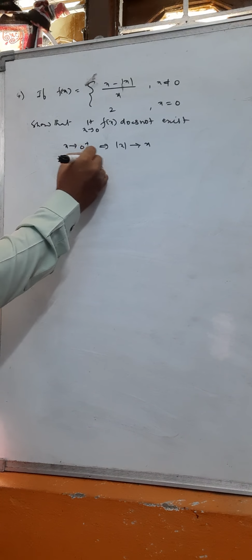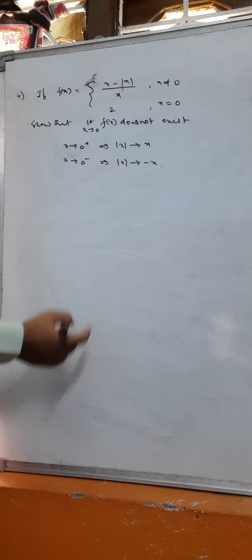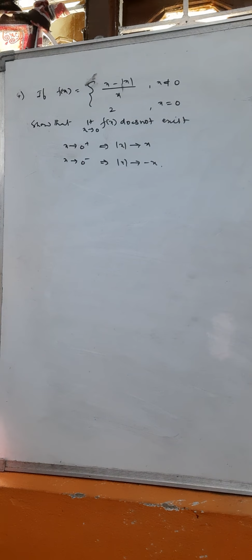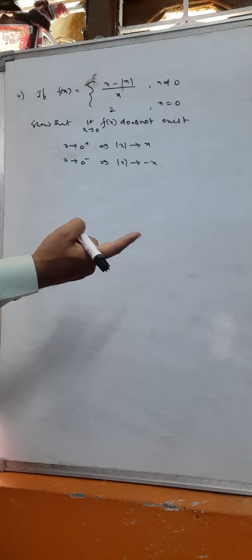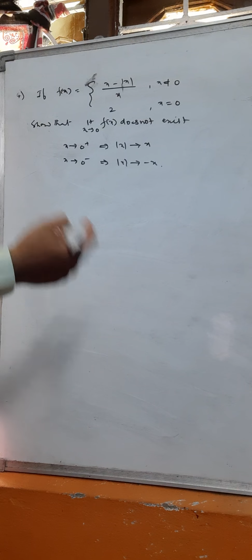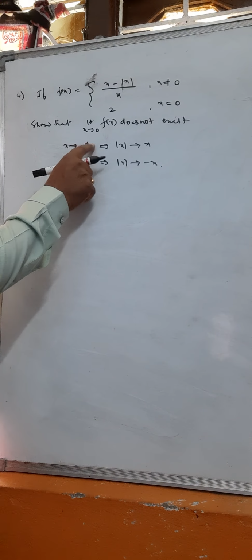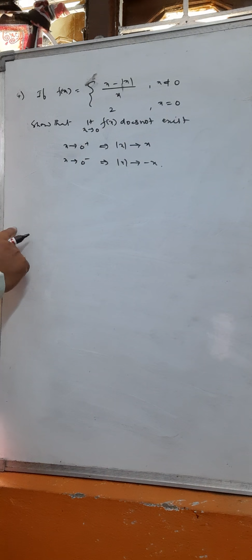If x is tending to 0 minus, then mod x gives minus x, because the function is defined as: if x is greater than 0, then mod x equals x; if x is less than 0, then mod x equals minus x.